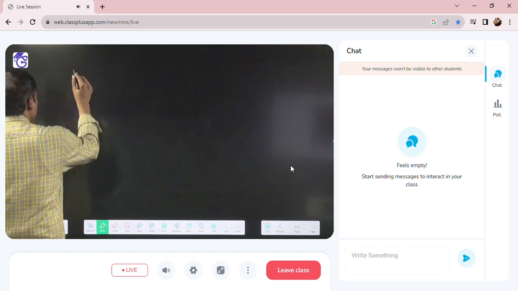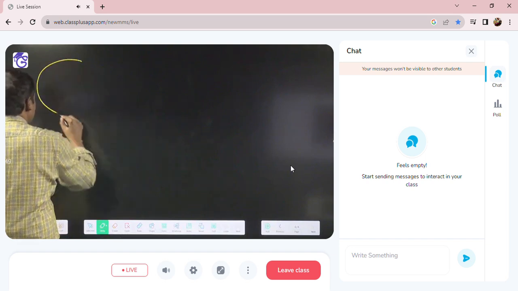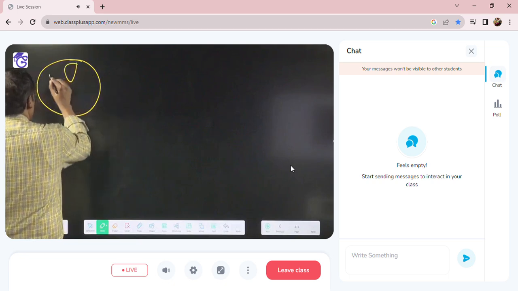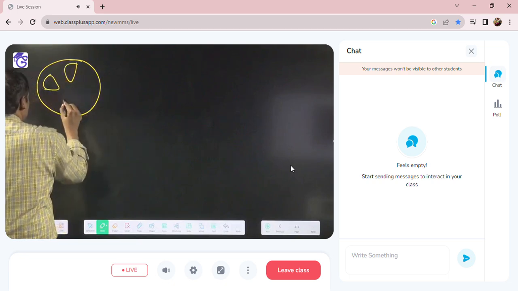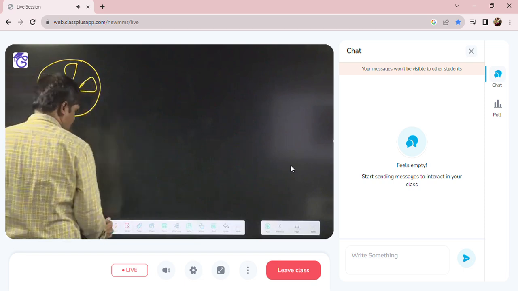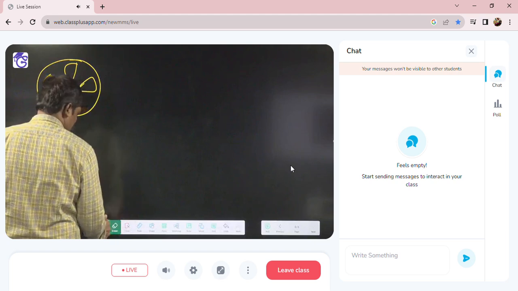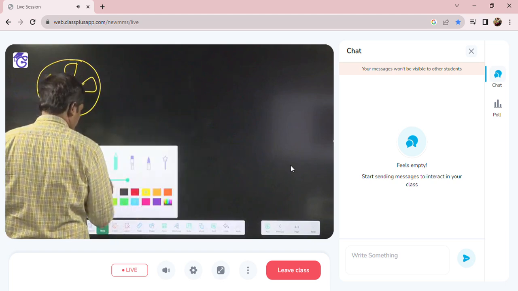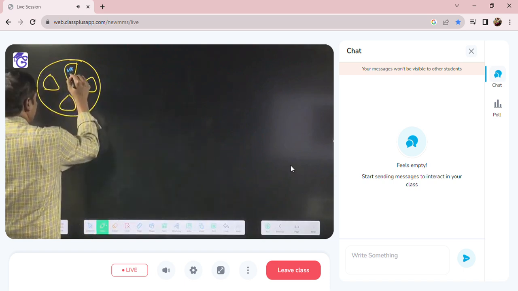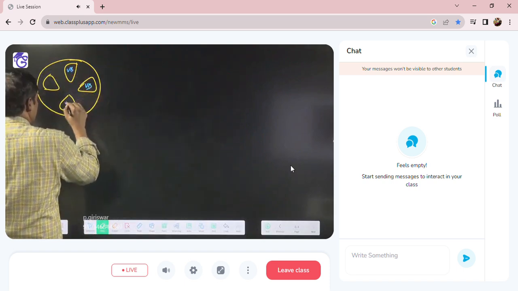For example, between the vascular bundles in the dicot stem, see this? These are the vascular bundles in the dicot stem. This is one vascular bundle, another vascular bundle, another vascular bundle.